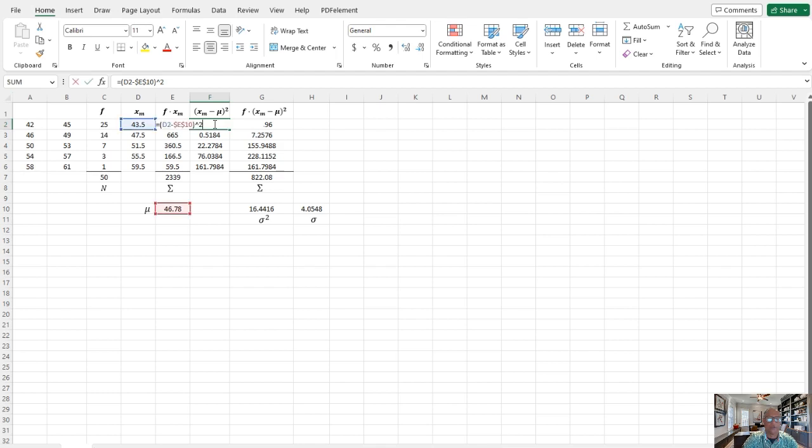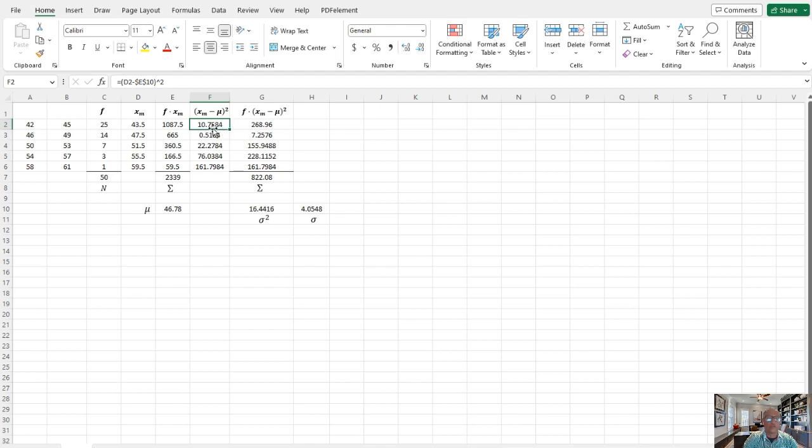Well, notice I just simply say 43.5 minus the mean here, which is 46.78, and then I square it. Note that we're using an absolute reference here, so that when I copy this down, every one of these cells references this in the formula. And that's it.